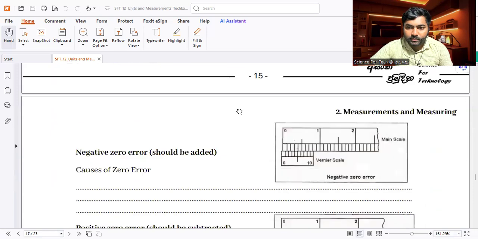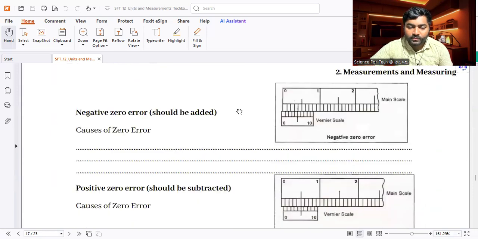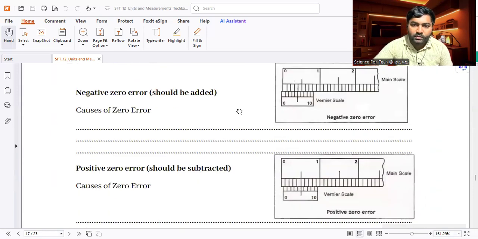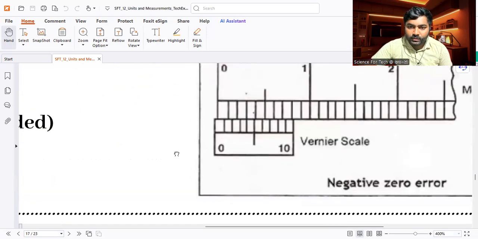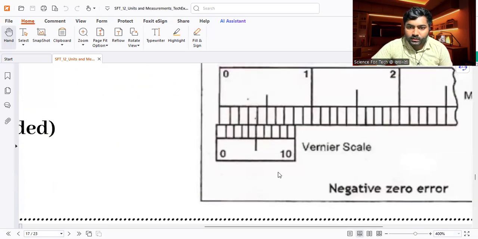There is a simple method to find whether there is an error or not. That method is this: this is the vernier scale, this is the main scale. So this is the main scale 0, and this is the vernier scale 0 line.